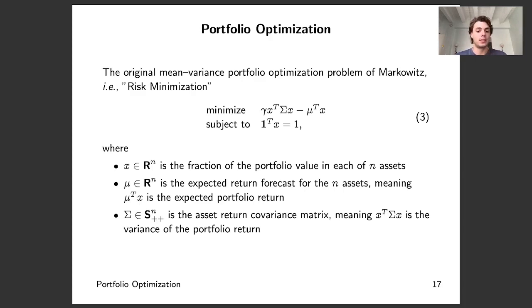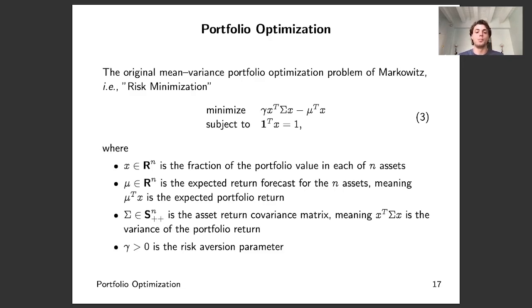And this makes the left-hand term of our objective the variance of our portfolio's return. So we have the mean return and the variance of the return. Finally, gamma is a risk aversion parameter, which allows us to toggle how much we want to penalize a risky or a high variance solution. So again, we're minimizing the variance minus the mean portfolio return.